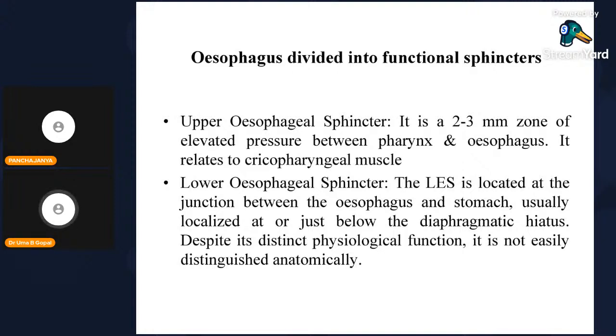Despite its distinct physiological function, it is not easy to distinguish anatomically. There is no thickening of the sphincter here; the smooth ring of muscle fiber is not thickened. So anatomically you cannot identify the sphincter, but physiologically the sphincter action is present at the gastroesophageal junction.